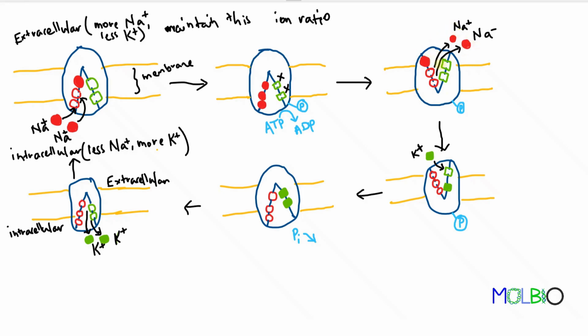Once sodium is released outside the cell because of the conformational change, now the pockets are available for potassium binding through conformational change.